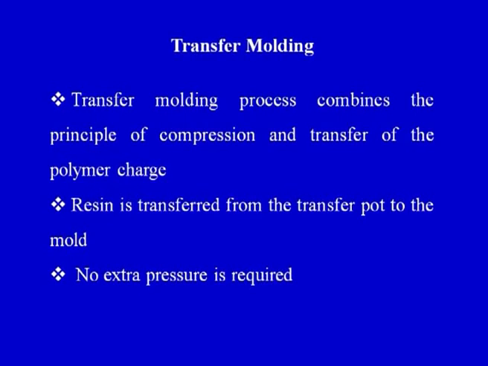So transfer molding process combines the principle of compression and transfer of the polymer charge. Now polymer charge, we can say, is the raw material. So the raw material in all these cases, whatever we will be discussing in this particular series of lectures on processing of plastics, would always be a plastic material.